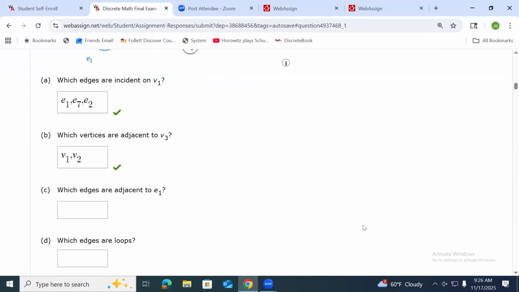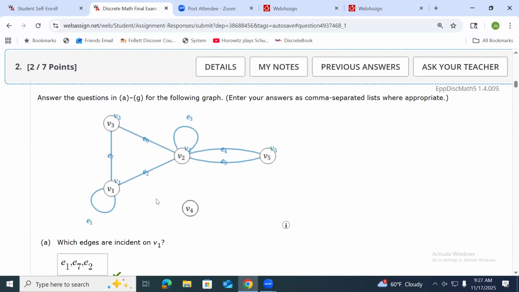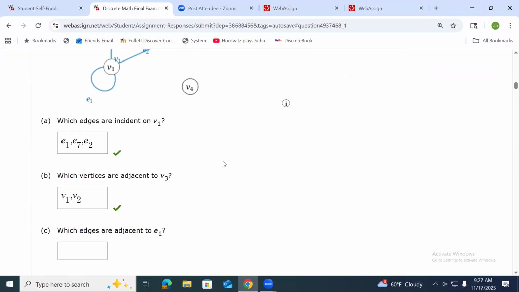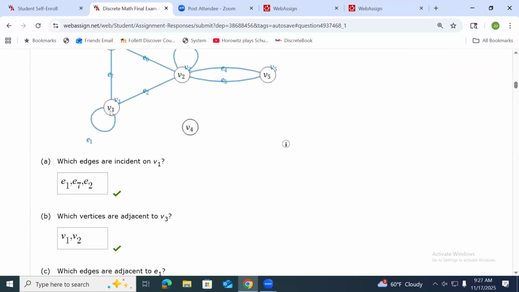Okay, so which edges are adjacent to edge 1? Which edges are linked up to the same node that E1 is touching? Edge 1 is touching vertex 1. So which other edges are also touching vertex 1? E2 and E7. Correct.